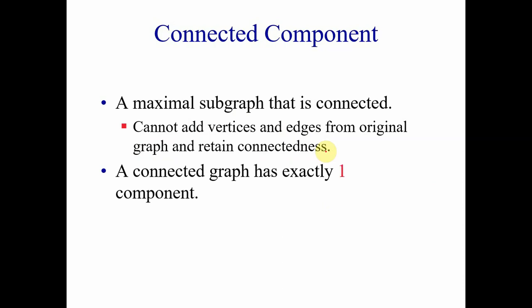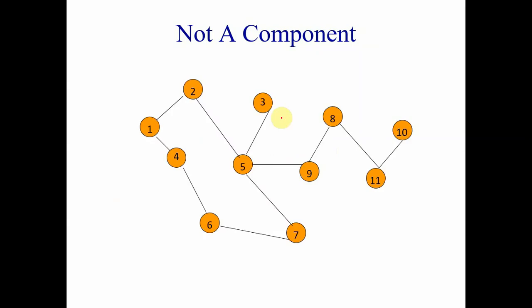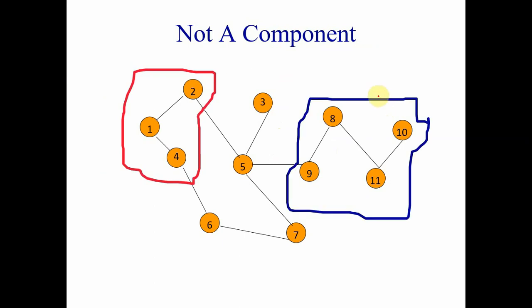A connected graph should have exactly one component. So that is the property of a component. In other words, as mentioned previously, this is a connected graph, so we cannot say it is a component. No, that is wrong.